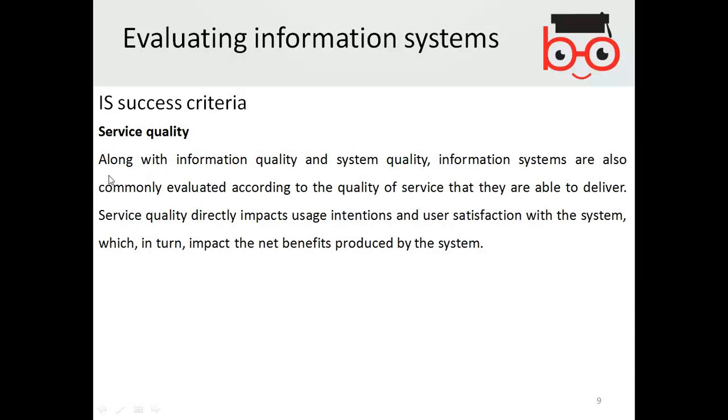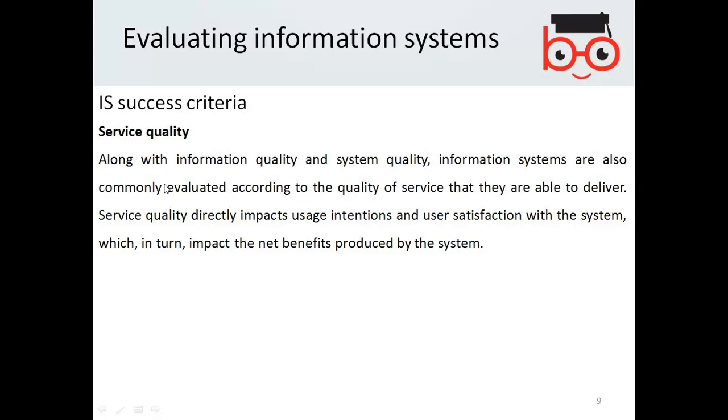Service quality: along with information quality and system quality, information systems are also commonly evaluated according to the quality of service that they are able to deliver. Service quality directly impacts usage intentions and user satisfaction with the system, which in turn impact the net benefits produced by the system.